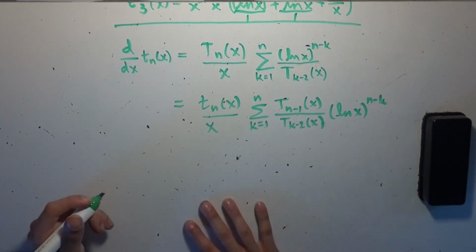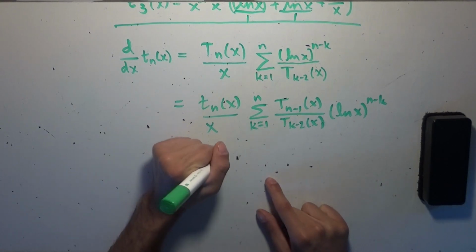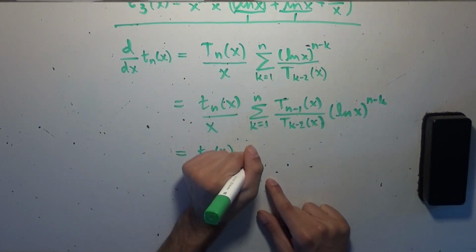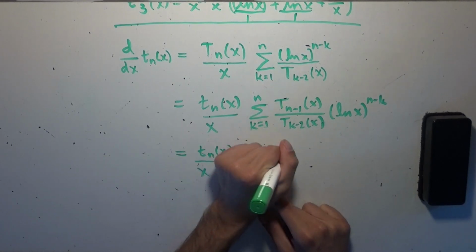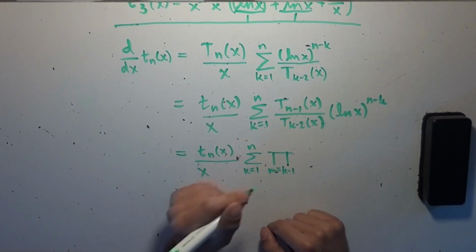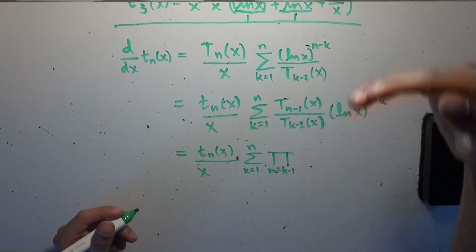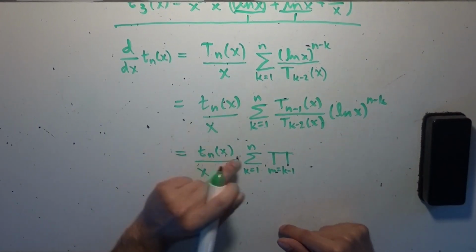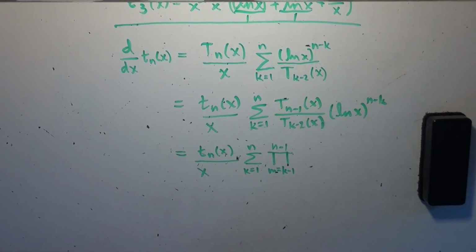I hope that's clear. So we can rewrite this like so, and I'm leaving a space here for a reason. The sum from k equals 1 to n, and now we have a product from m equals k minus 1, because we're taking away everything from 1 to k minus 2, so that leaves everything from k minus 1 and above untouched. And then because we left the nth tetration outside, this product now only goes to n minus 1 as opposed to n, like before.